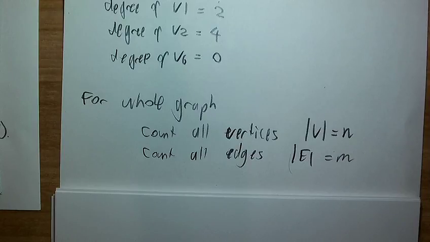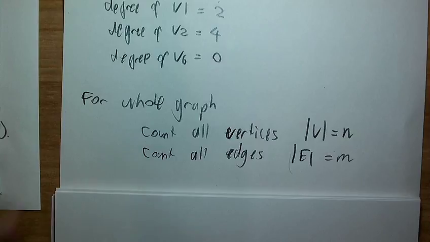But what you can do now is that if you know what type of graph you've got, you can count how many vertices and edges it has, and you can count the degree of all the vertices. Alternatively, you should be able to figure out the total number of edges if you know what the degree of every vertex is.